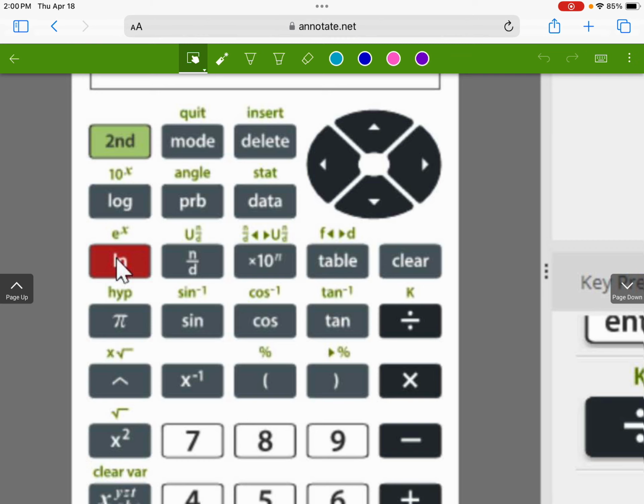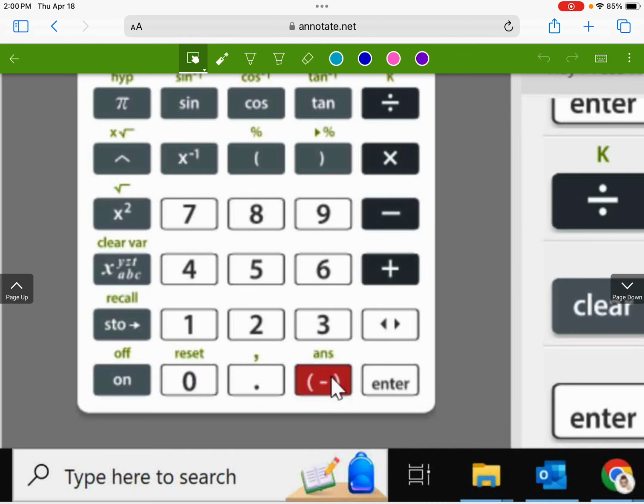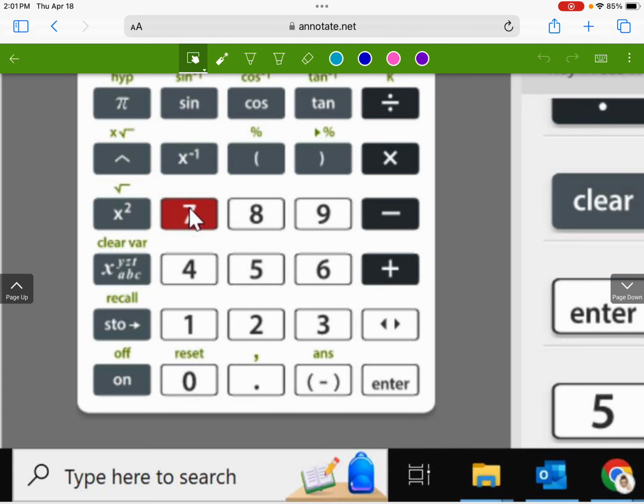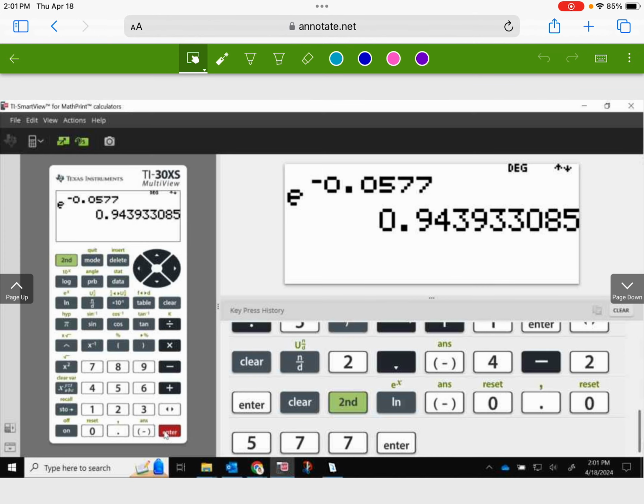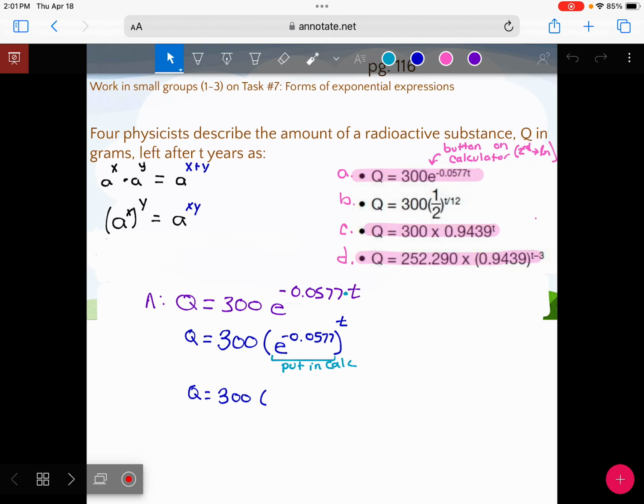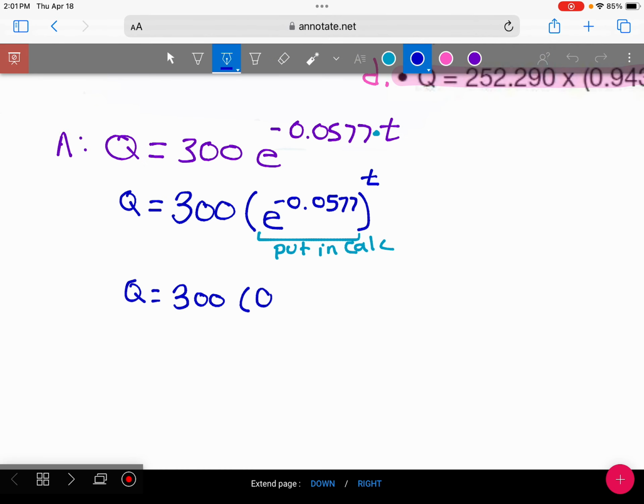And I can type in that decimal, the negative 0.0577. And I can type this piece in as a decimal. And what we get is 0.9439. And oh wait, isn't that familiar? We have 0.9439 to the t.